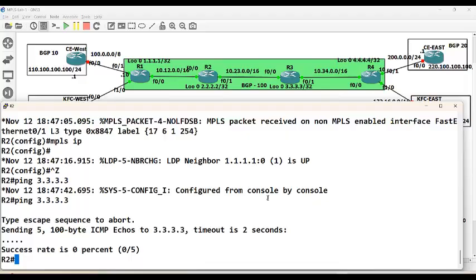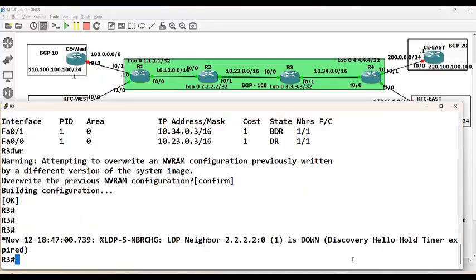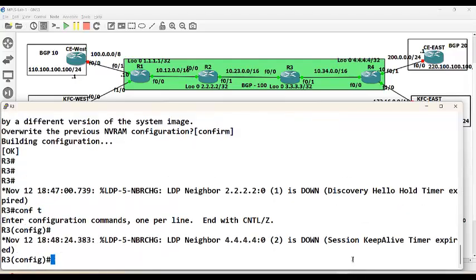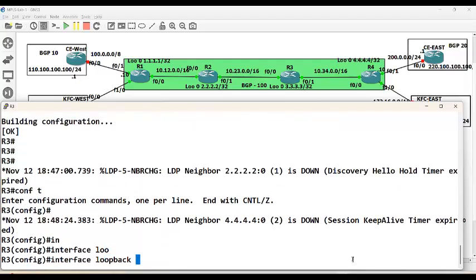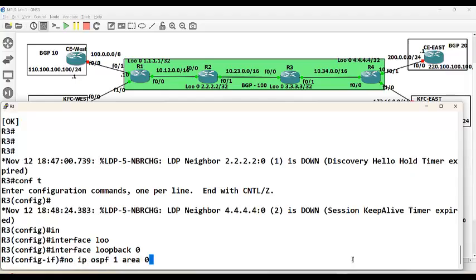For MPLS, the loopback interface which is taken as the MPLS router ID needs to be a pingable address. So do not forget to put OSPF in the loopback interface.